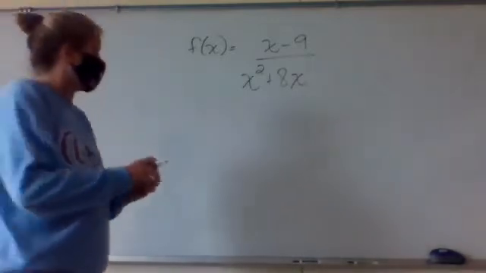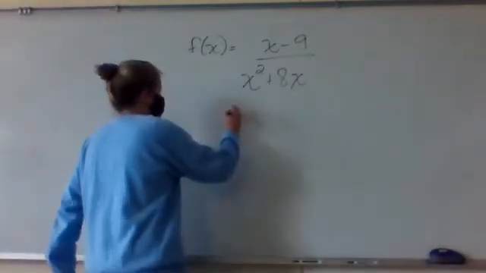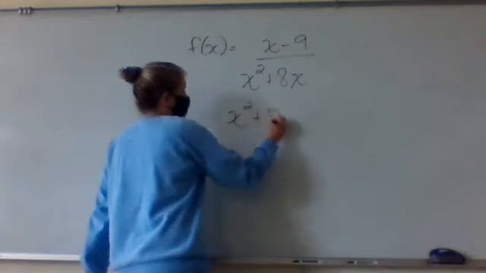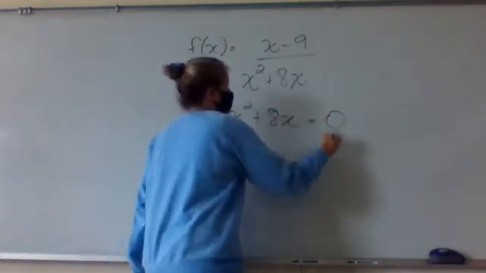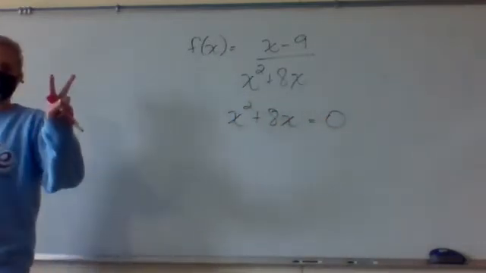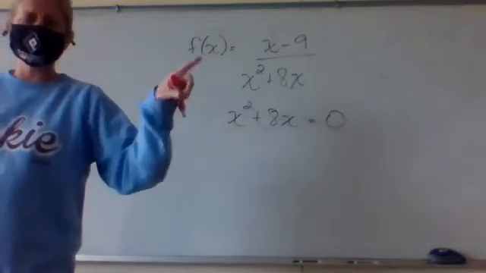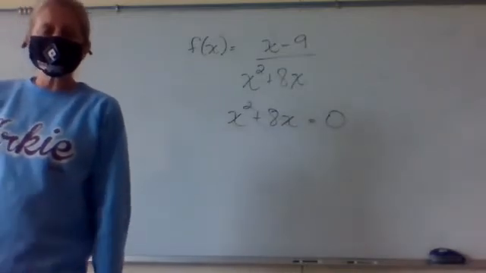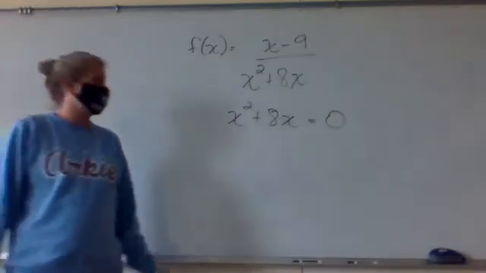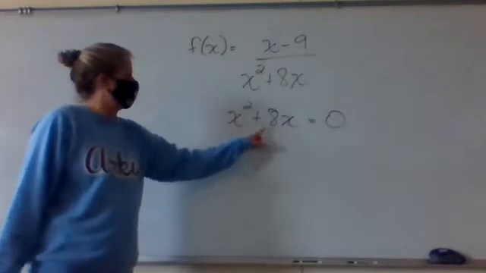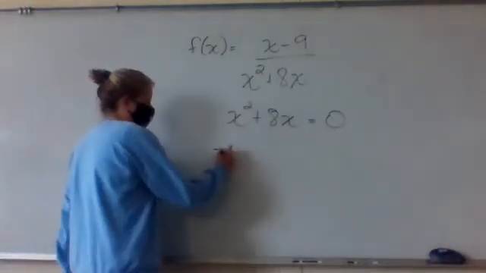If you were doing it by hand, you would have to factor this. So x squared plus 8x equals 0. There's only 2 terms here, so it's not a trinomial. The first thing you're looking for always when you're factoring is anything that the terms have in common, which these both have an x.